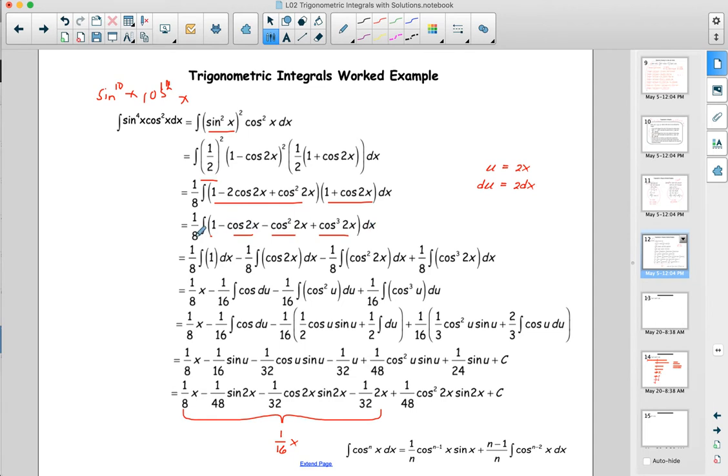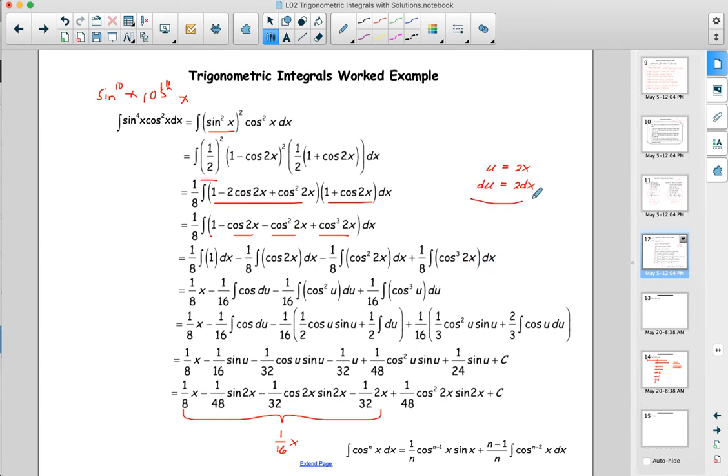And again, the linearity property of integrals will give us, instead of the integral of 4 pieces, 4 separate integrals. So we have the integral of 1 dx minus the integral of cos 2x dx minus 1/8 the integral of cos squared 2x dx plus 1/8 the integral of cos cubed 2x dx.